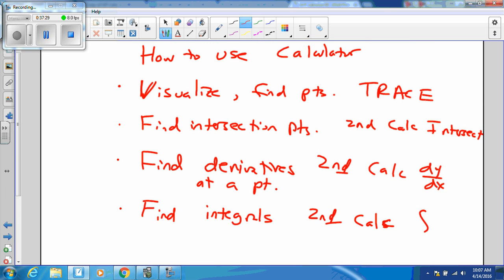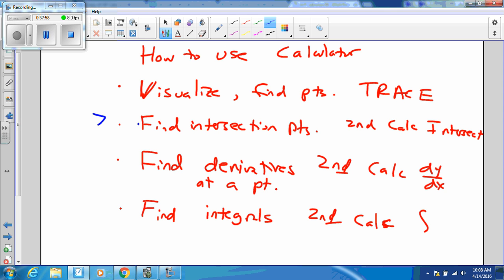Okay, here are the pro tips. First thing to be aware of, when you have to find multiple intersection points, if I have to find where two curves are intersecting, for example, don't forget that you have to do the whole second calc intersect process for each point. Some students, and I've done this before, just not thinking, will find second calc intersect for that first intersection point, and then they will trace along the curve to get to the second intersection point.